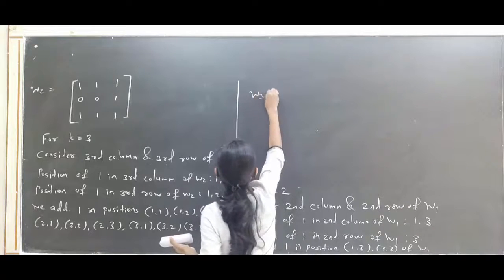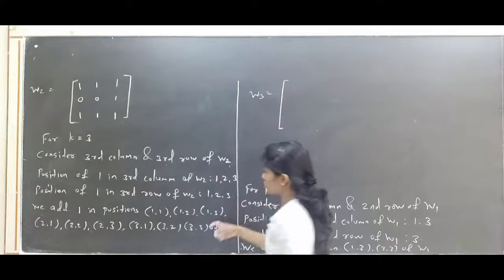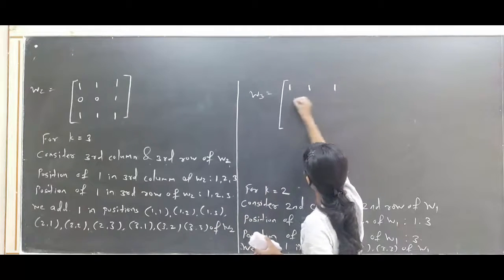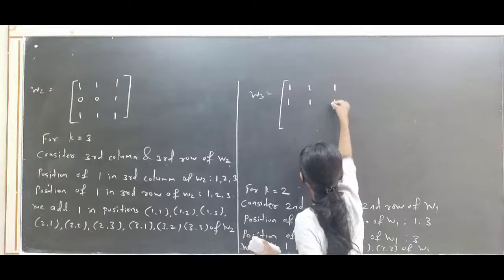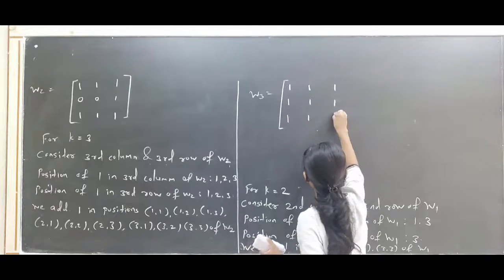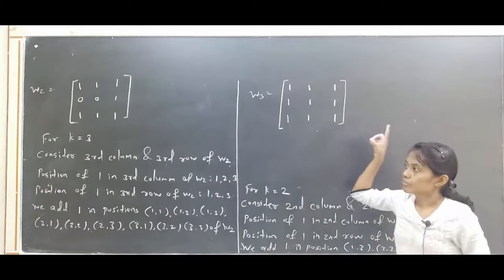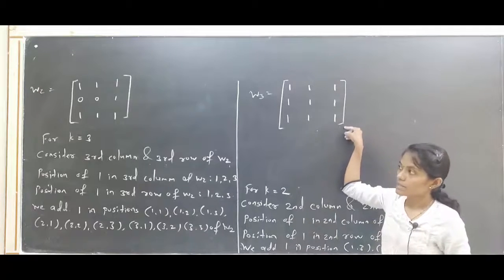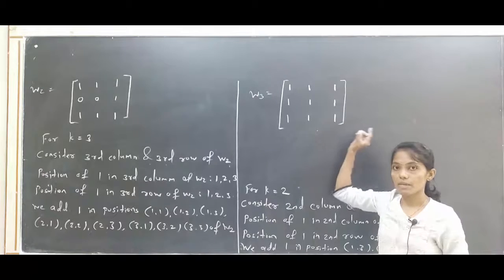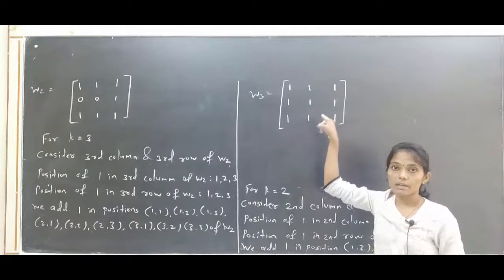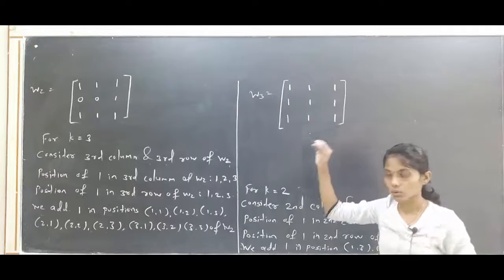So W3 has all the positions 1 1, 1 2, 1 3, 2 1, 2 2, 2 3, 3 1, 3 2, 3 3. And here k is equal to 3, so we stop here, and this matrix is nothing but the relation matrix of the transitive closure.